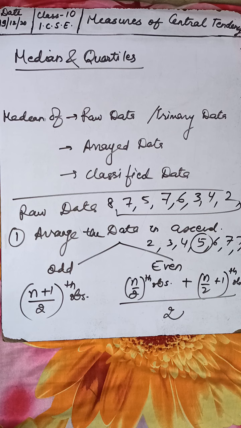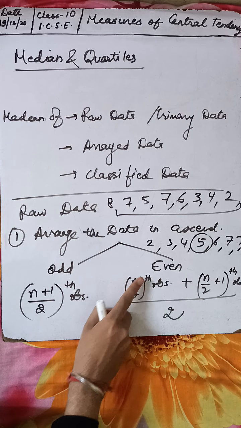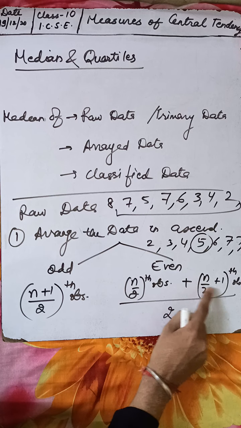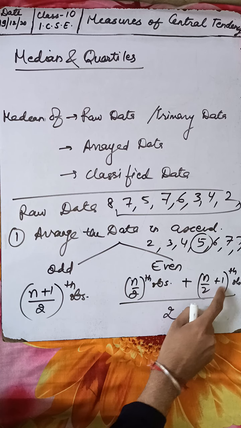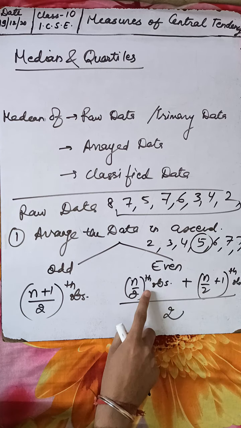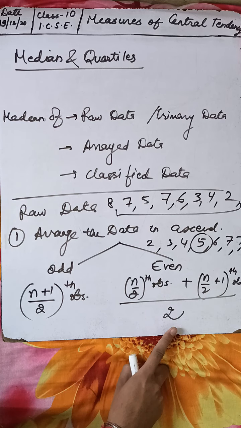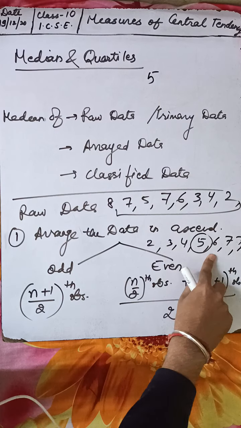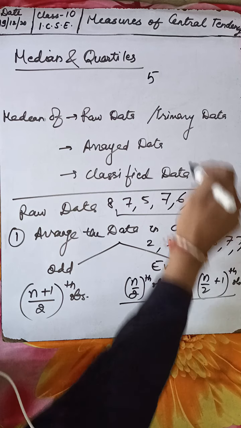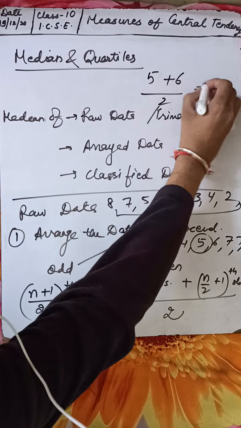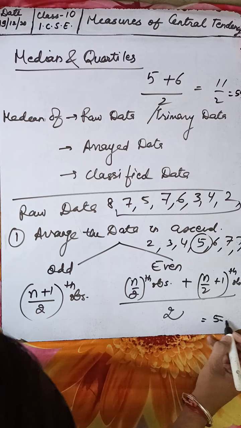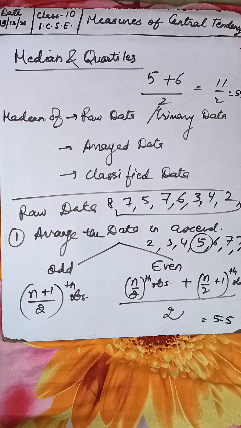How to use it? 8 upon 2 is the fourth observation, plus 8 upon 2, 4 plus 1, 5, the fifth observation, divided by 2. So the fourth observation plus the fifth observation, divided by 2. The fourth observation is 5, the fifth observation is 6, so 11 divided by 2 is 5.5.